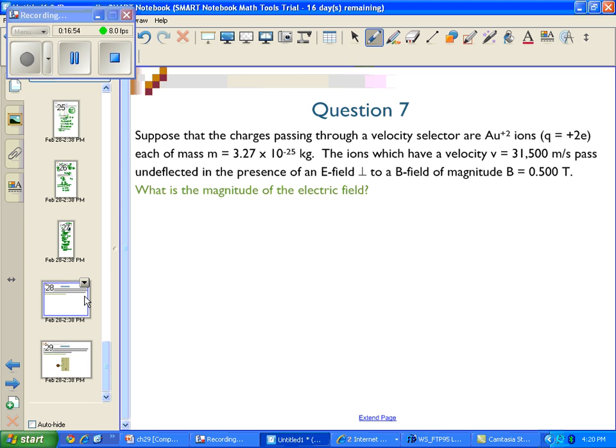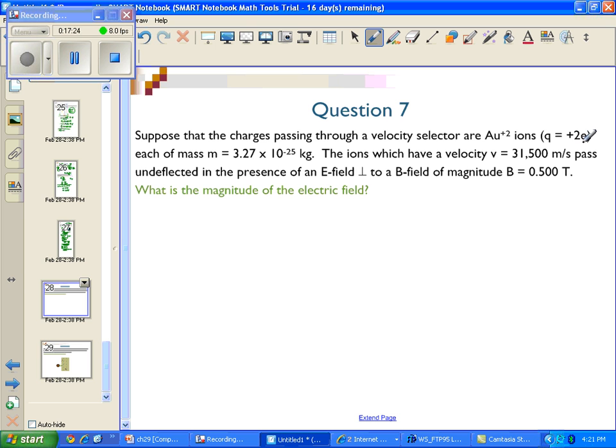Next question. Here we are told that a charge passes through a velocity selector. Each individual charge is made up of a gold +2 ion. The +2 tells us that the ion has an excess of 2 positive charge.